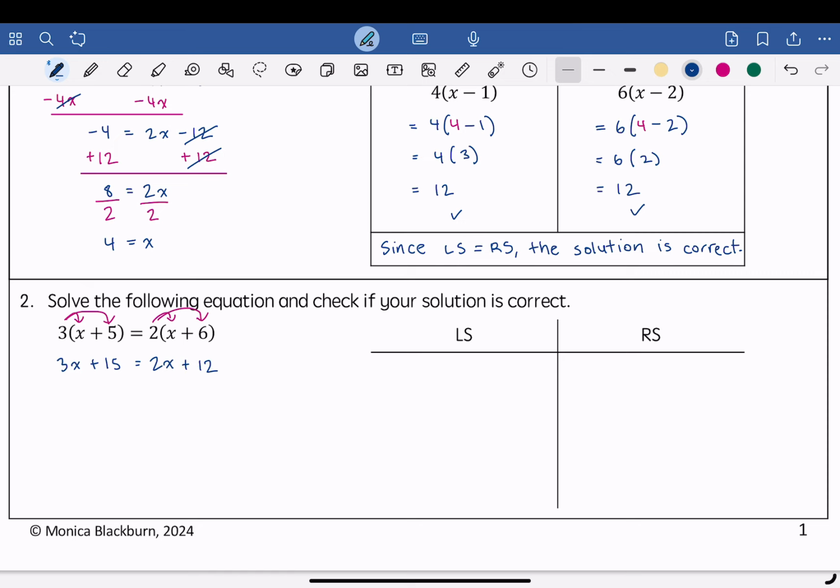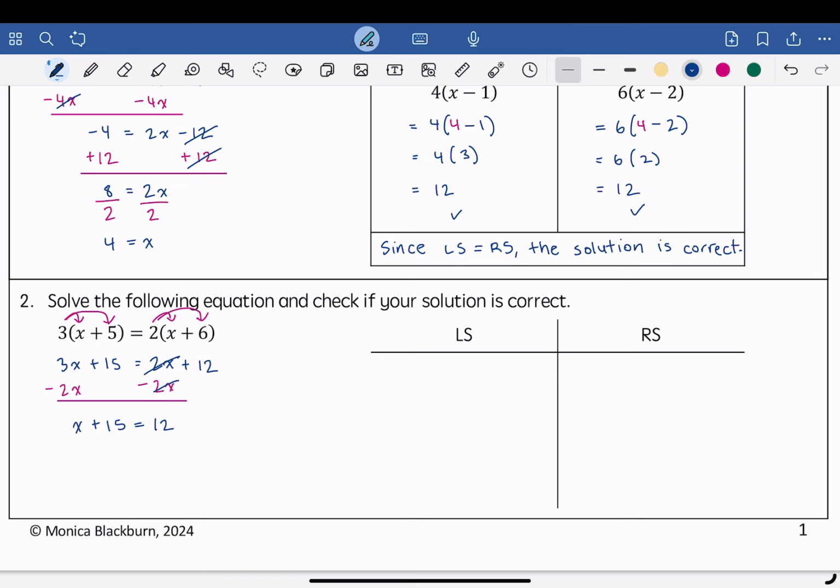So I'm going to eliminate the term with the x on the right and move it to the left side. So I have to subtract it from the right side as well: minus 2x, minus 2x. Now 3 minus 2 is 1x, plus 15 is equal to 12.